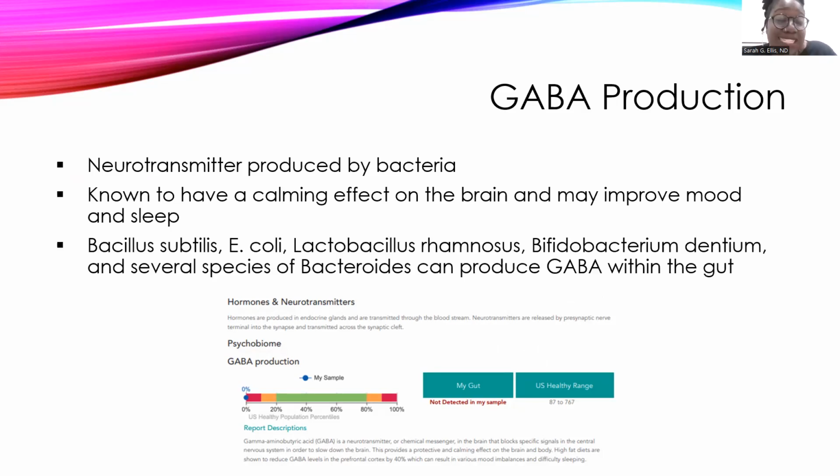Now, Bacillus subtilis, E. coli, Lactobacillus rhamnosus, and Bifidobacterium dentium, along with several species of Bacteroides, can actually produce GABA in the gut. And so this is why the balance or dysbiosis ratios that we talked about earlier are so important, because these microbes all have very important roles in the microbiome.